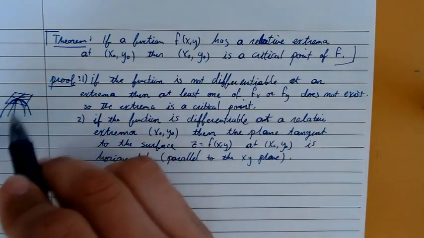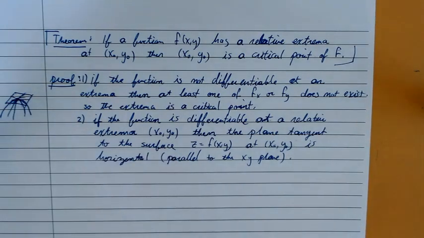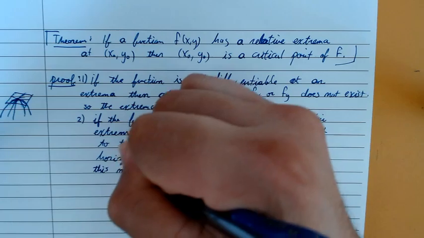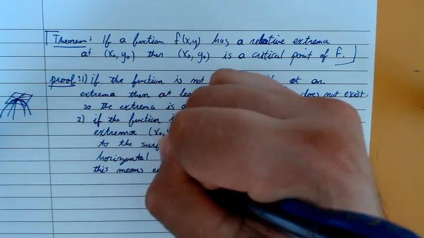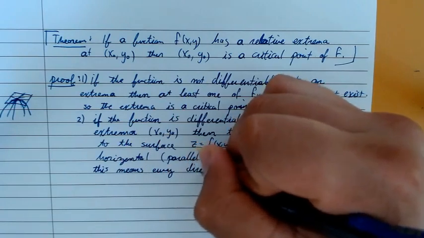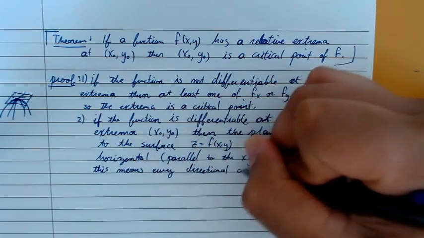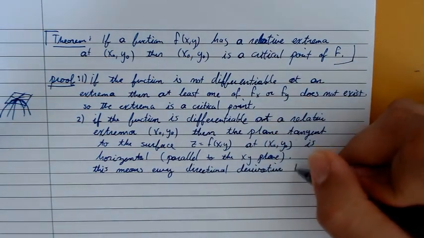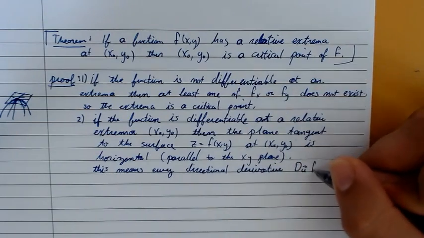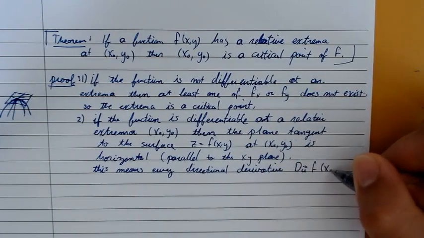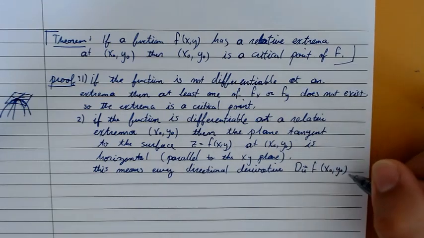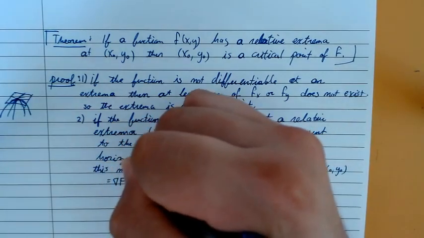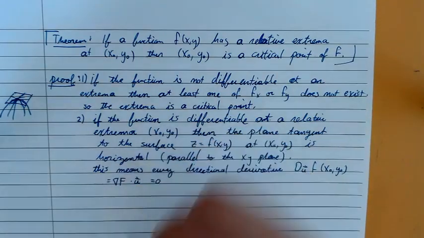Well, the way I drew over here, that means every directional derivative, the directional derivative in the direction of u of f at x naught comma y naught, which is equal to the gradient of f dot u, has to equal 0.